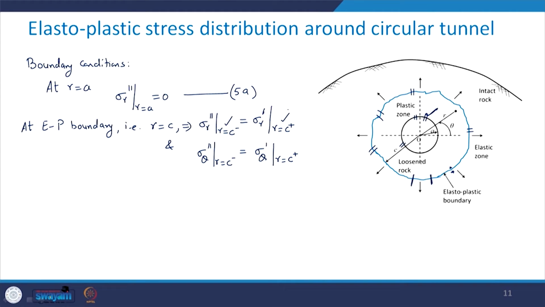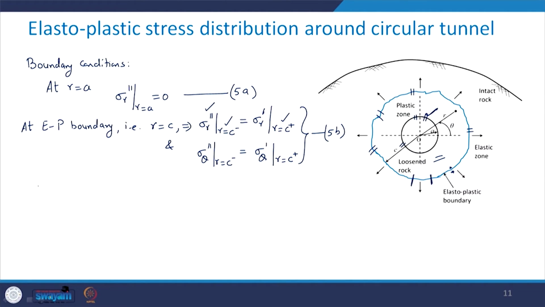That is, we are at the boundary, but just inside and just outside the boundary, what exactly is going to happen. So, this equation I am calling 5b. Why are we writing sigma r double prime for r equal to C minus? Because when r equal to C minus, we are in the plastic zone, and in the plastic zone we are representing the state of stresses with double prime.